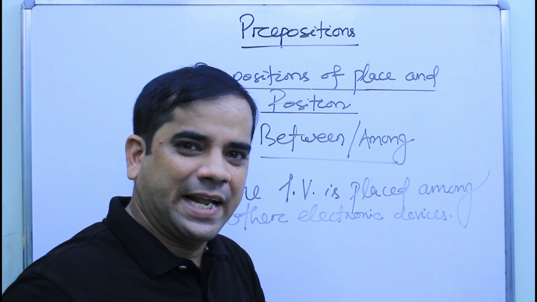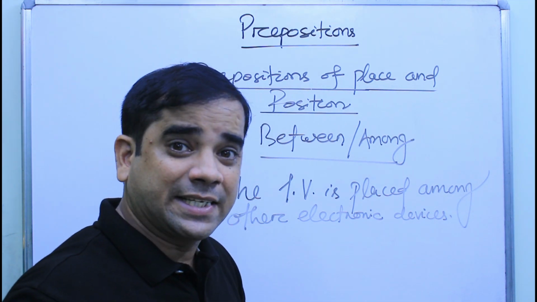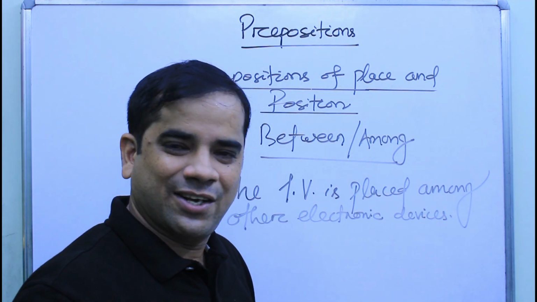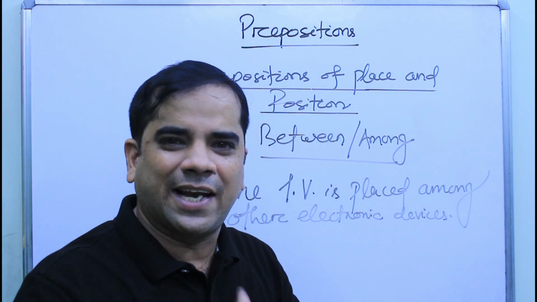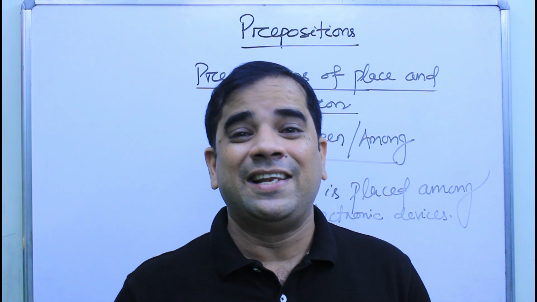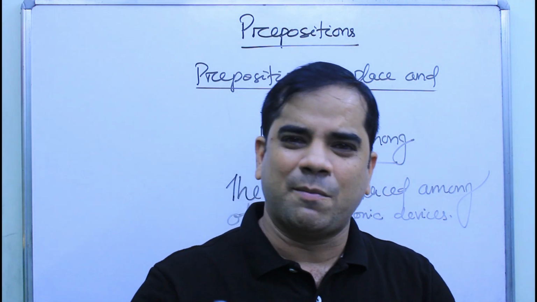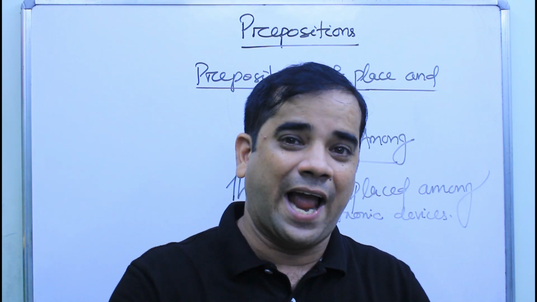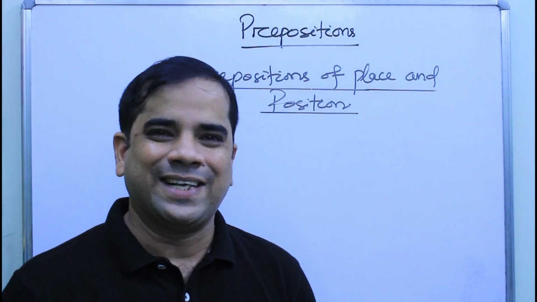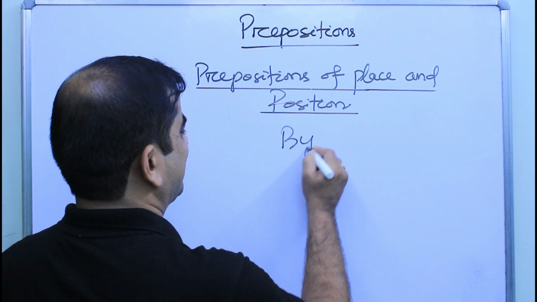So its placement is not between two other objects, its placement is among some electronic devices. We can have another example. We can say a notebook is lying among the books. That means there are some books but a single notebook is lying among the books. Hope you understand.